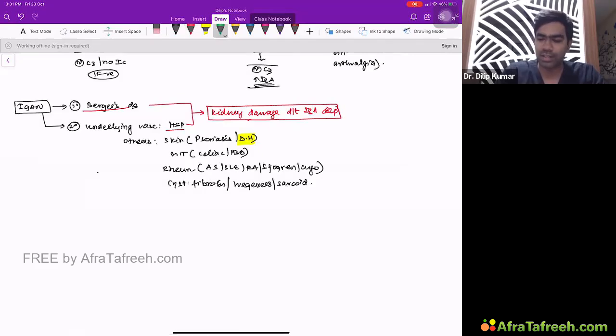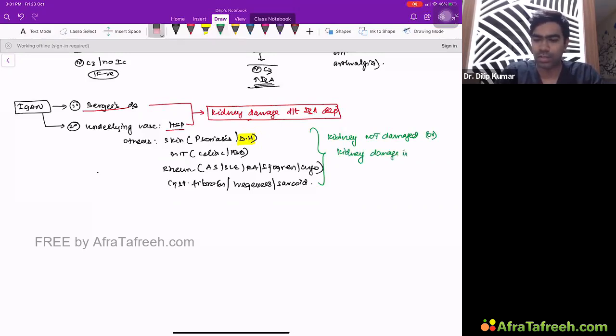Whereas in other conditions, either the kidney is not damaged, or the kidney might be damaged, but it's not due to IgA deposits.